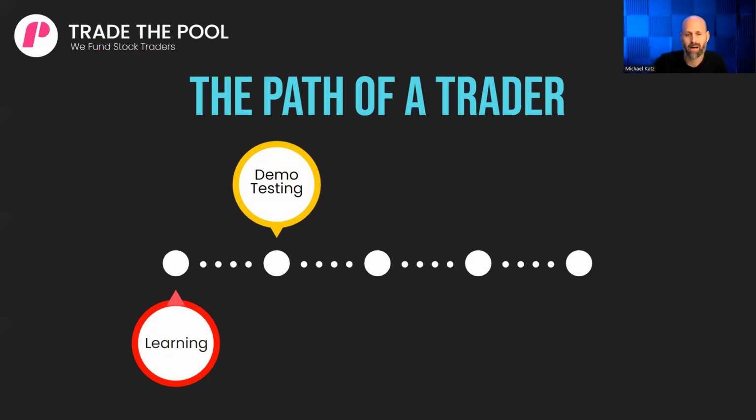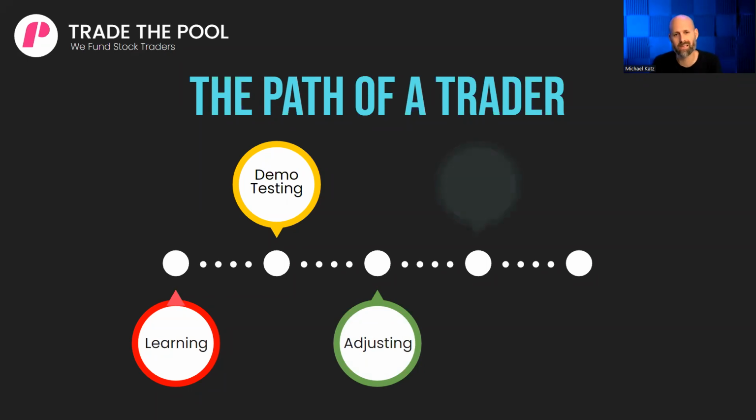After that, we will go through demo trading or testing. So a lot of us will open an account and start a demo, playing around with it. Usually we'll fail and lose money on the demo as well, because we don't really know what we're doing. And after that, we will start adjusting our plan and our strategies. And hopefully we will reach the next level, and that is opening a live account.